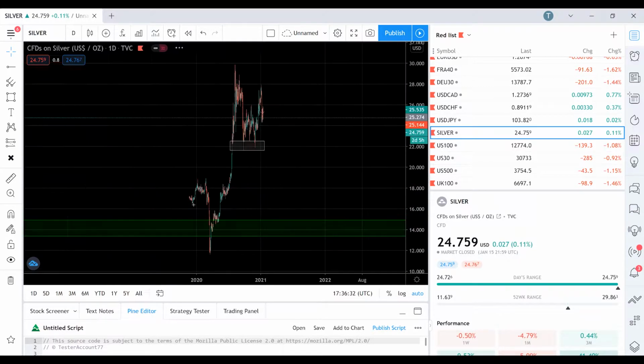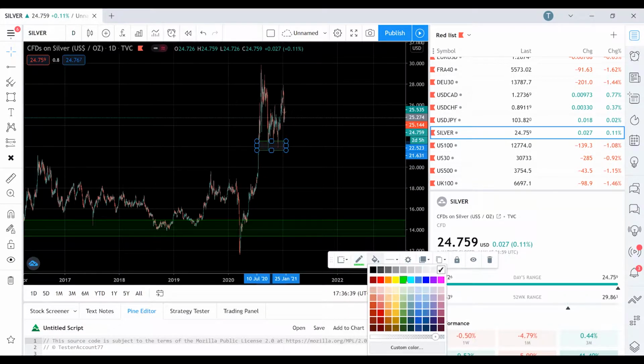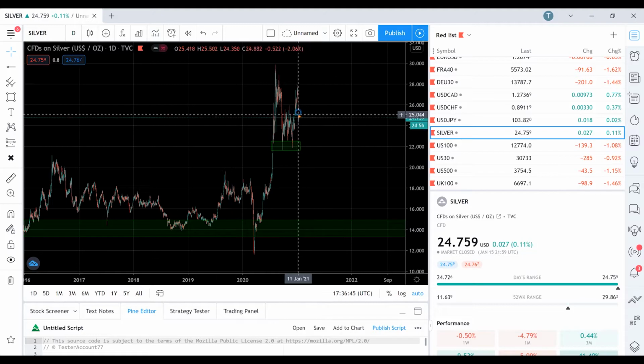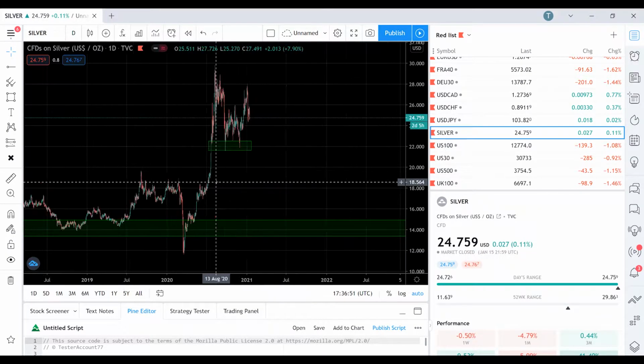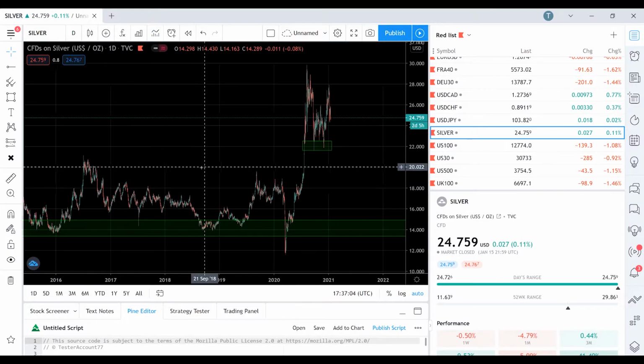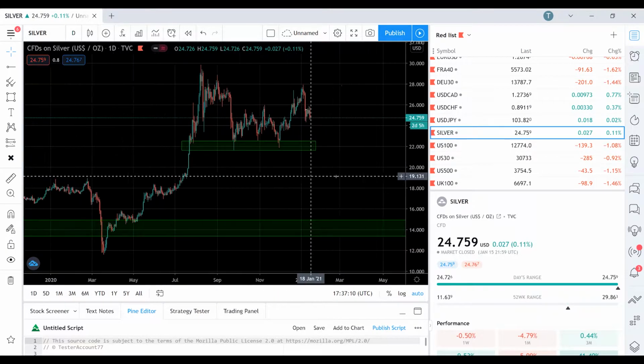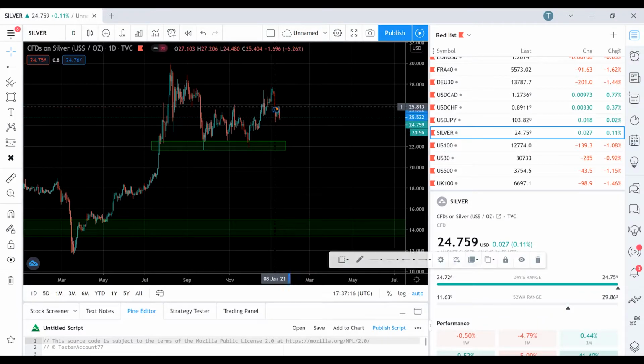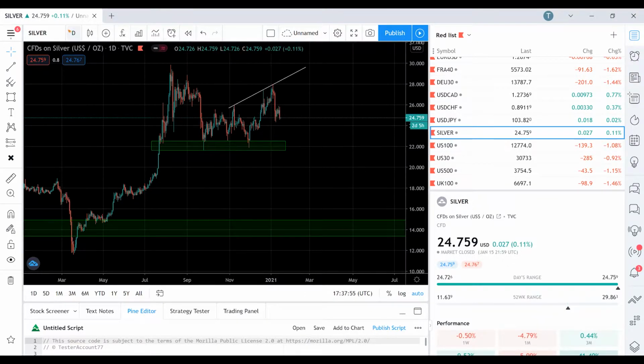Move to the daily. Buy zone here. Trend resistance here.